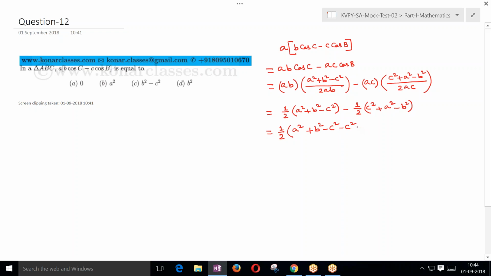I am using the cosine rule, Akanksha. So we get a square plus b square minus c square, minus c square minus a square plus b square.